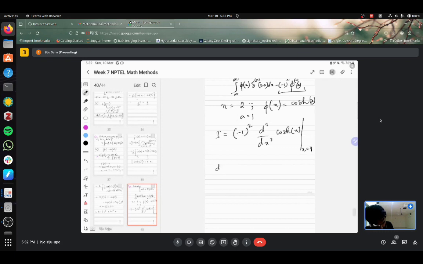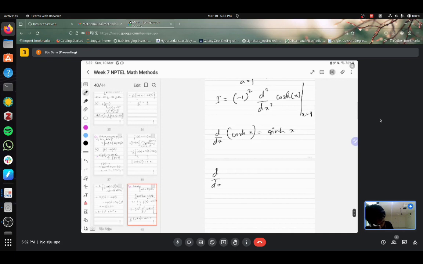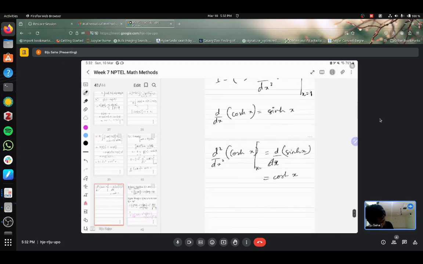So let us differentiate cos hyperbolic x once. The derivative of cos hyperbolic x is sin hyperbolic x, and the second time derivative of cos hyperbolic x again gives cos hyperbolic x. So its value at x equal to 1 is basically cos hyperbolic 1.